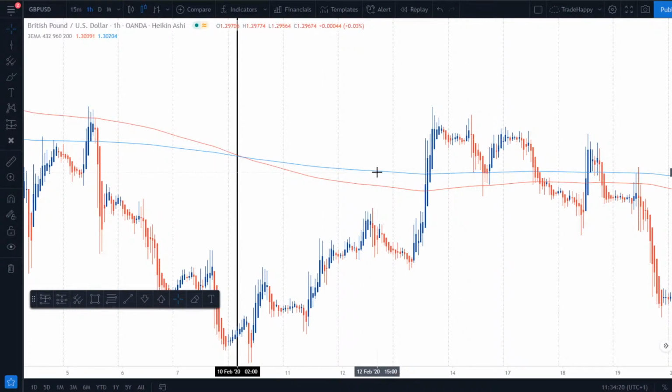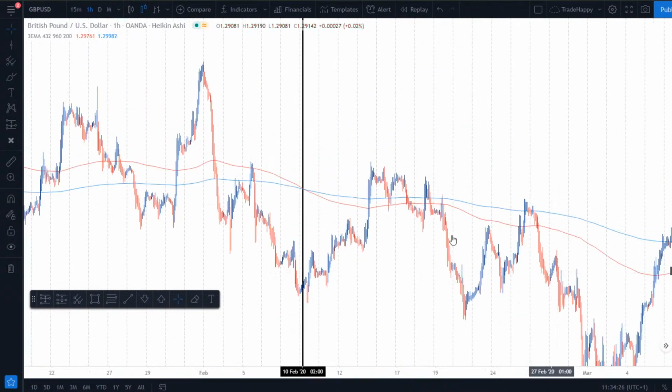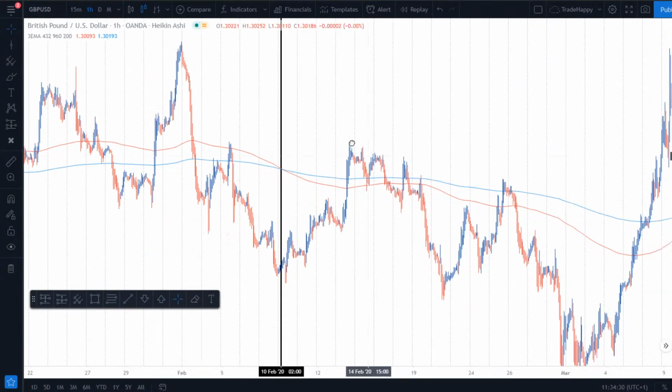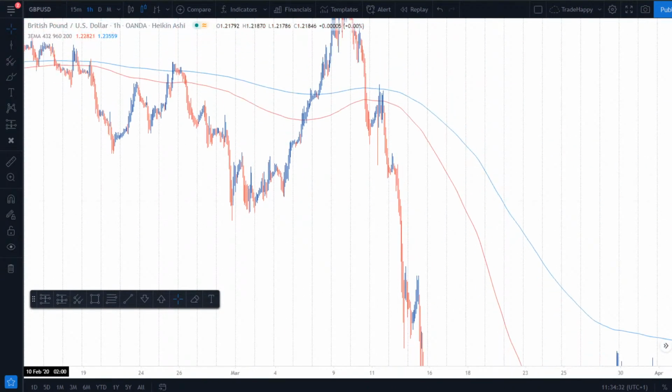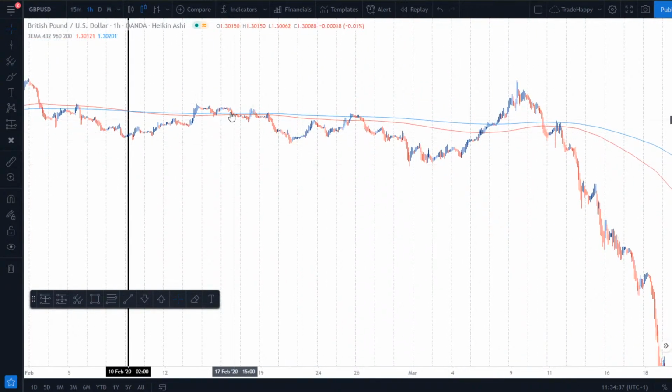So in between the blue and the red, you could be taking sells, and obviously round here, these are going to be losers. But once you actually get somewhere like this, like if you took shorts in here and you put your stop loss above, I don't know, 30 pips or something.